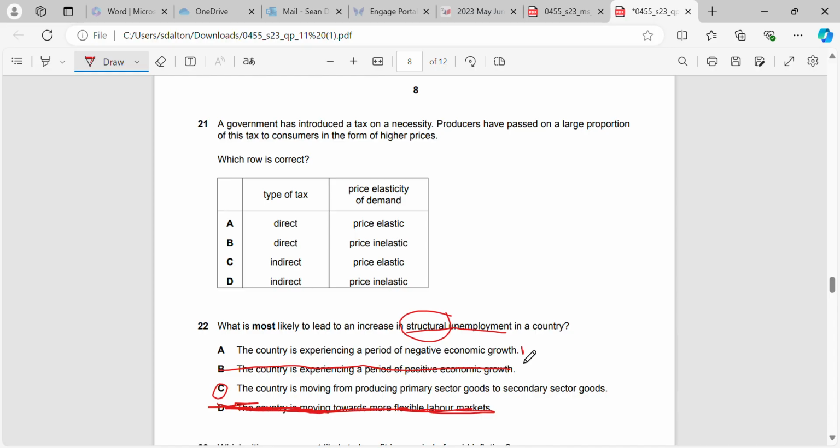Negative economic growth would mean that AD is moving to the left. So negative economic growth is most likely to create cyclical unemployment, not structural unemployment. Structural would be from the loss of the primary sector as we move to the secondary sector. And that loss can be due to technology or it can be due to regional unemployment, etc.